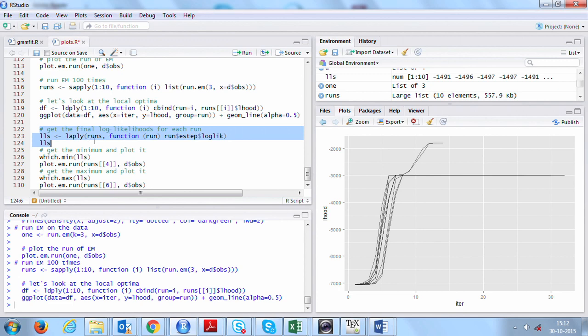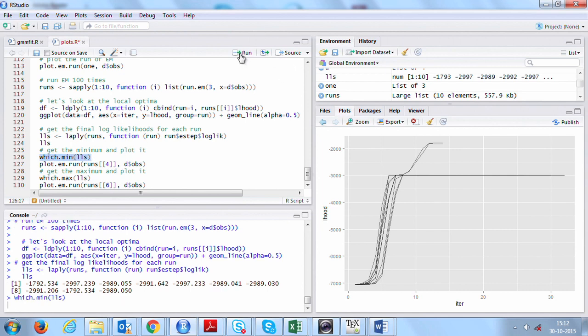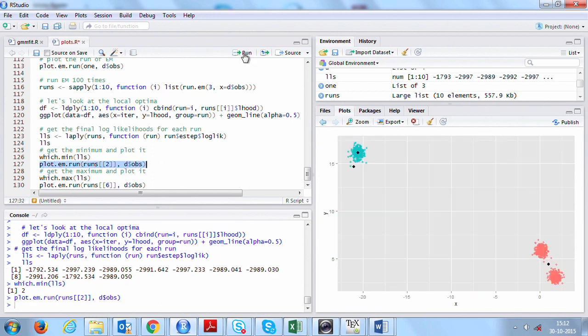Now, let us see in these 10 runs, these are the likelihood values it stopped at the end, not necessarily stuck at. So, if we see the minimum of these, that is the second one, and we see the fitted density when we use that run, you see the fit is not very good.